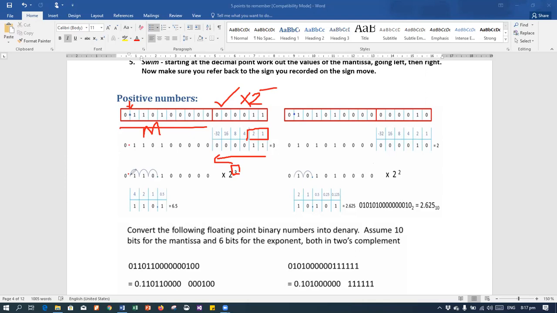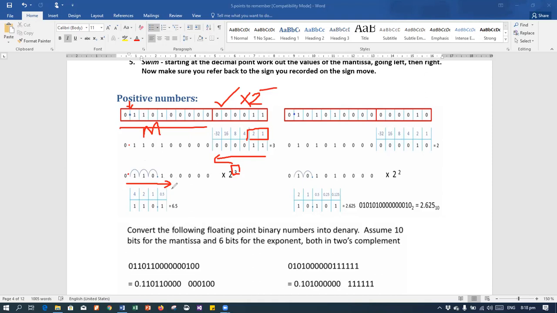ये हमने fixed point कर लिया था, अब fixed point से हम इसको float कर रहे हैं. ठीक है, तो floating point है तो अब हम इसको change कर रहे हैं. Now have a look at it. This is 3 and it is a positive number. Positive means start moving the decimal from left to right. ठीक है?